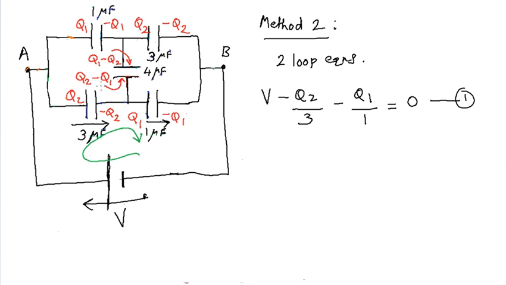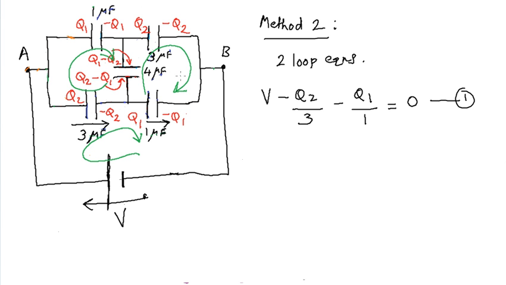Now while choosing the second loop, I could choose to travel in this direction in this loop, or maybe in this loop in this direction. But if you actually write the loop equations for these two loops, you will find that you will get equations which are dependent on each other.